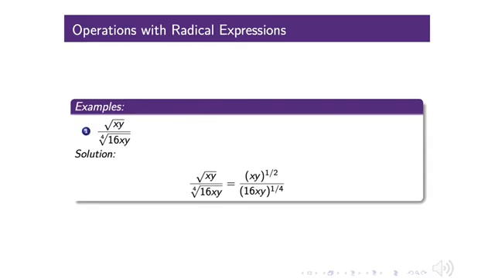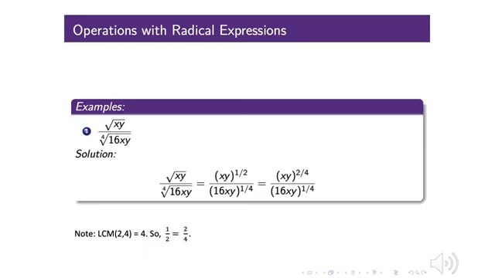For our second example, we have the square root of xy over the fourth root of 16xy. To solve this, just like what we did in the previous example, we first rewrite the radicals as rational exponents. That is, the square root of xy over the fourth root of 16xy can be written as (xy) raised to the power of 1/2 over (16xy) raised to the power of 1/4.